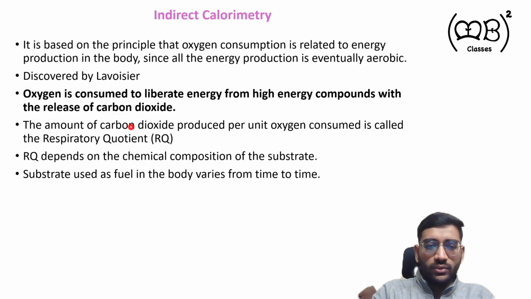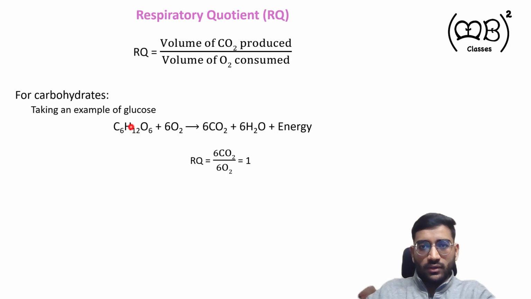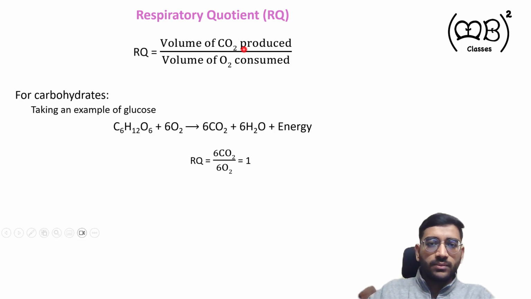This RQ depends on the chemical composition of the substrate, like a protein or a fat or a carbohydrate. All these would have a different RQ, because it is the volume of carbon dioxide produced upon the volume of oxygen consumed. Clear up to this? For carbohydrates, we'll take the example of glucose. Glucose, C6H12O6, is the chemical composition of glucose.